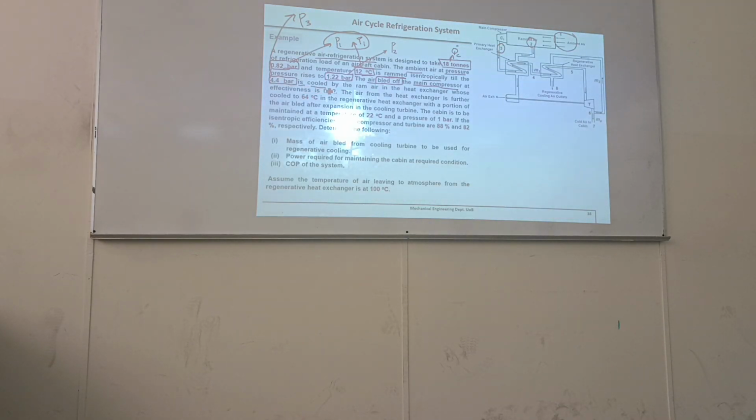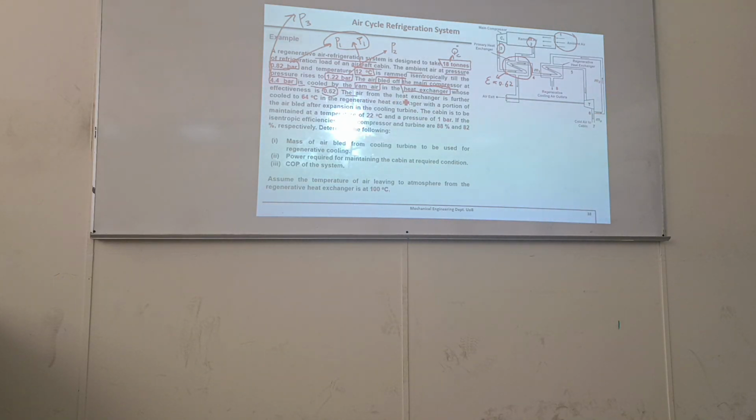It is cooled by the ram air in the heat exchanger. Which heat exchanger? This one, where this air is cooled by this rammed air. For this heat exchanger, effectiveness is given: effectiveness is 0.62.